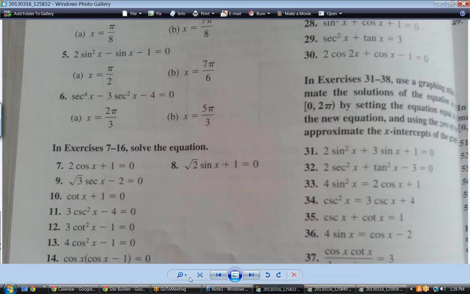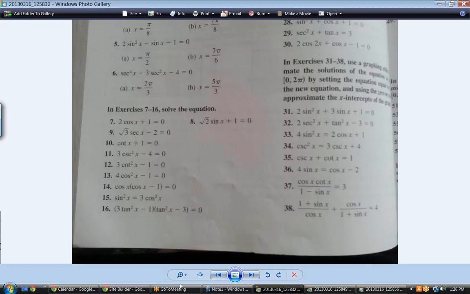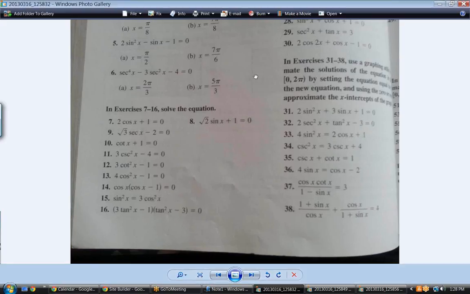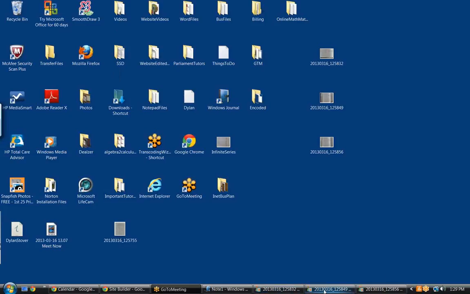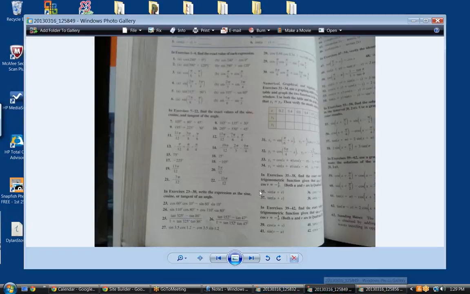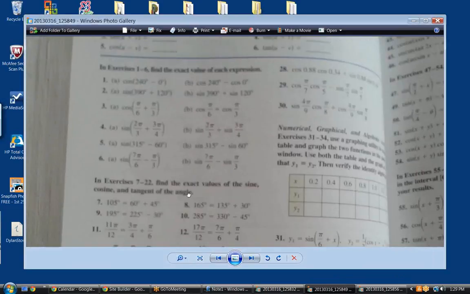Yeah, that's the bottom of it. Let's see if I got the top. I found a different picture of the top. It starts with 1. Maybe this is it. No, doesn't look like it.